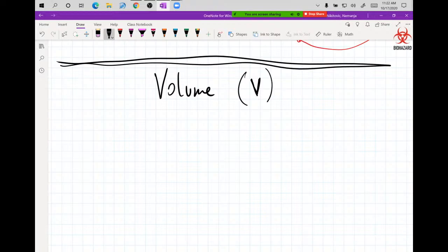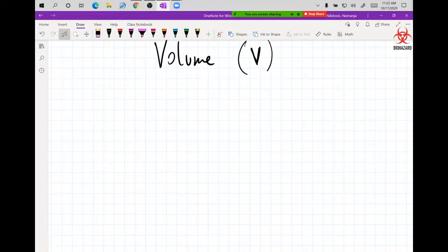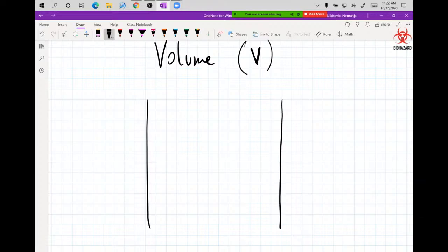So the volume is divided into these 3 categories of objects. In the first category, we have those prism-like objects. There will be a box like this, right? A rectangular box as well. It's the same thing. A cylinder like that, like a soda can.